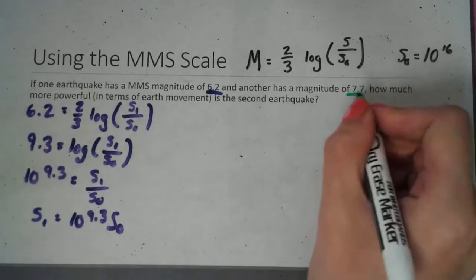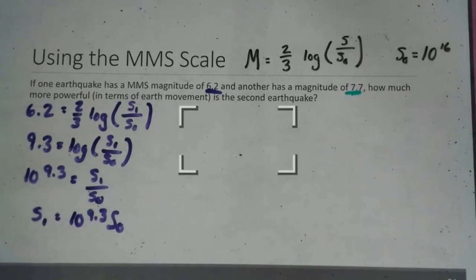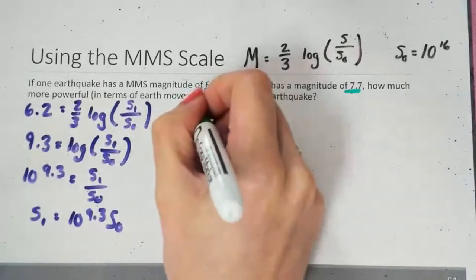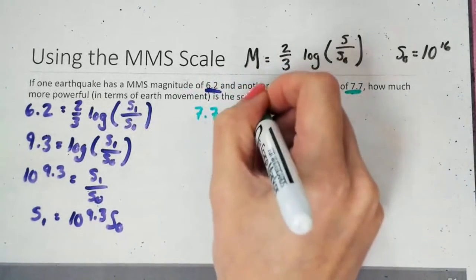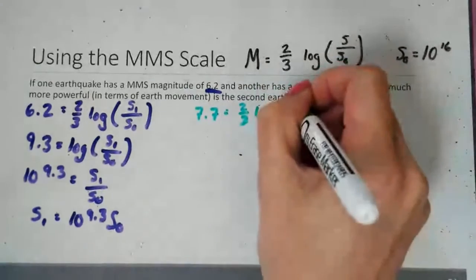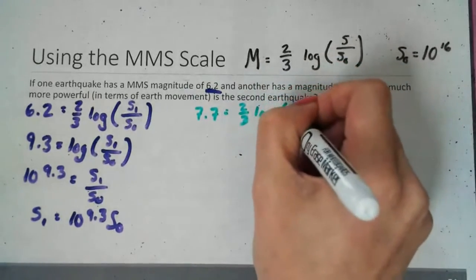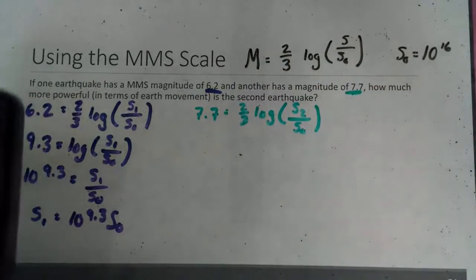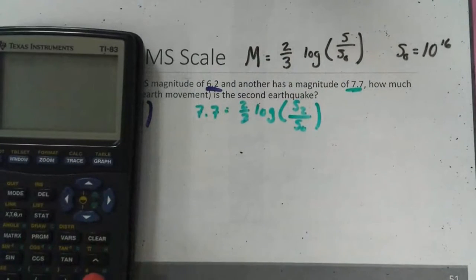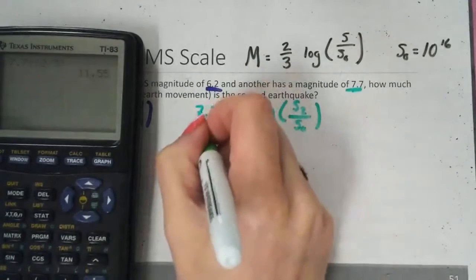So let's deal with the second earthquake. It has a magnitude of 7.7. So we will have 7.7 is equal to 2/3 times the log of, I'm going to call this one S sub 2 over S sub 0. I'm going to divide both sides by 2/3 like I did last time. So 7.7 divided by 2/3 is 11.55.